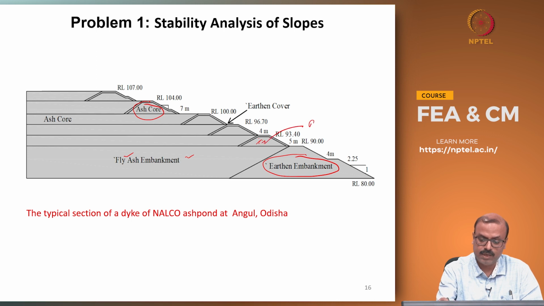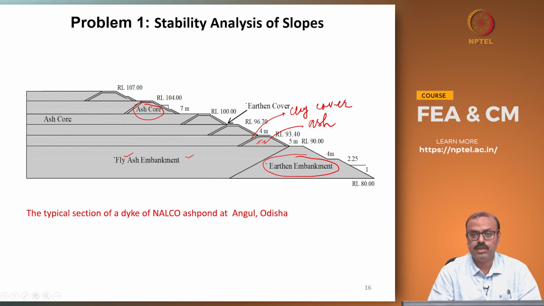So this is again the ash. However, on the outside there is a clay cover, so that you do not want your ash to fly around and cause any environmental issue.